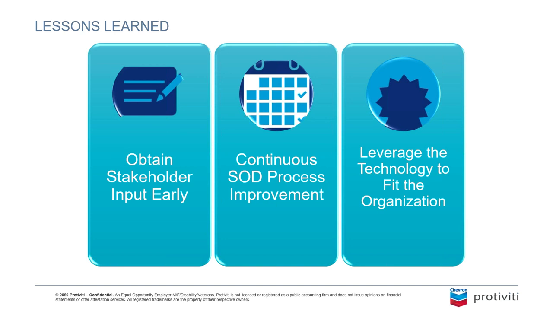And then finally, just leveraging the technology to fit our organization. So for us, we are certainly on a journey as far as trying to identify solutions where we can automate more of the processes that we're doing. And I think going through this process, specifically related to controls, it does help us identify things that maybe we weren't aware of before, just overall as far as the view into the SOD violations that are out there, but also just to continuously improve our processes and make sure that we have automated solutions in place for a lot of the controls that we have.